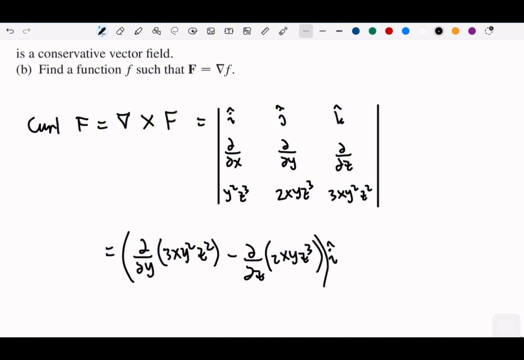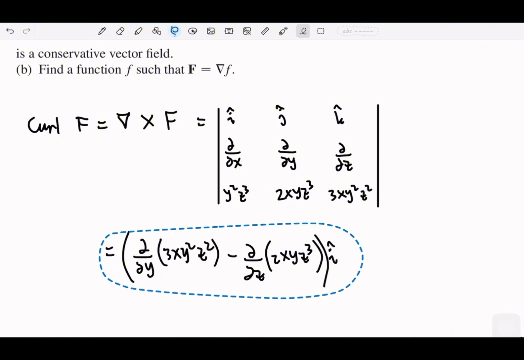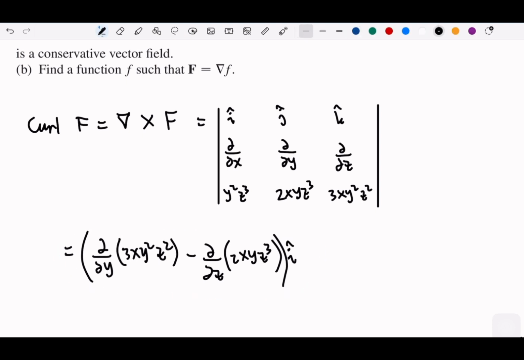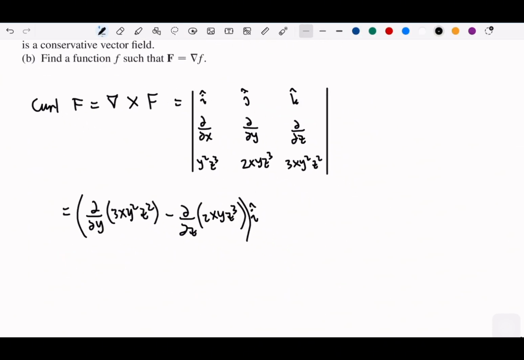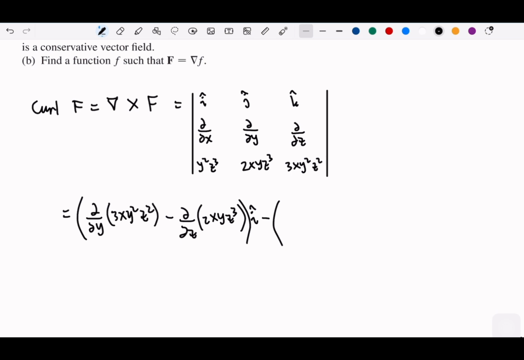I think I will move a little bit to the left. This will be minus dou x of 3xy squared z squared minus dou z of y squared z cubed.